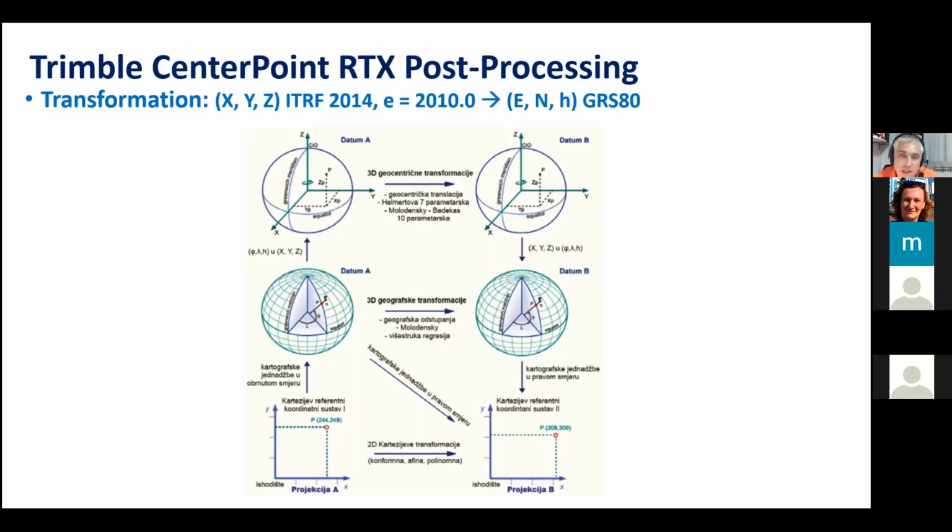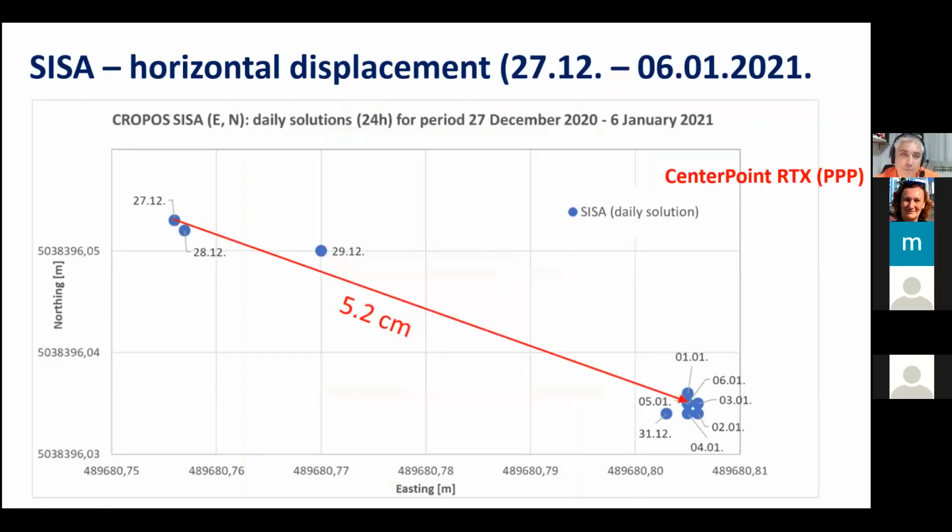So basically, this is the general schema of transformation. I just applied this direction. So from X, Y, Z, there is a transformation or conversion to phi, lambda, and h, and finally ellipsoidal coordinates are transformed into plane coordinates in transverse Mercator projection.